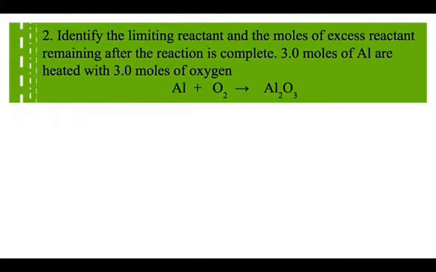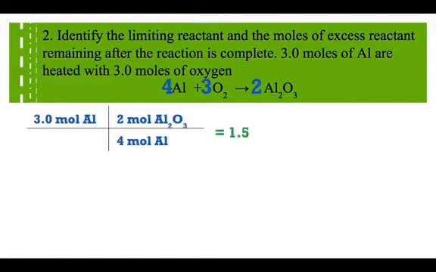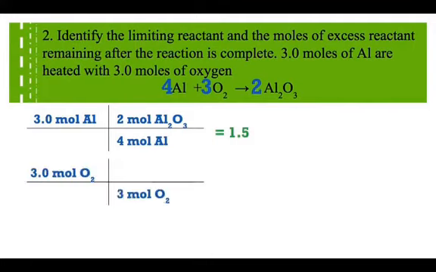Here, we're mixing equal amounts of aluminum and oxygen, and this is a synthesis reaction here, 4-3-2 when it's balanced. If we start with those 3 moles of aluminum, that would be making 1.5 moles of our aluminum oxide, and with 3 moles of oxygen, because that's a 3-to-2 ratio, we could make 2 moles of aluminum oxide.